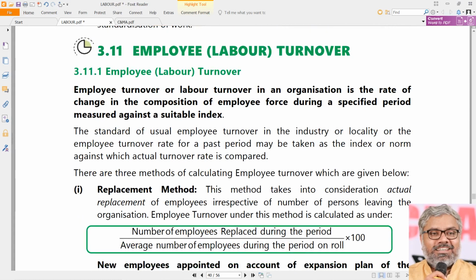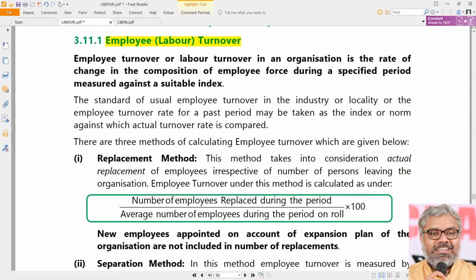Now moving on to another, this one is an important aspect even from the problems point of view, that is employee turnover or labor turnover. See, what is employee turnover or labor turnover? It is the rate of change in the composition of the employee force during a specified period of time. That's it.